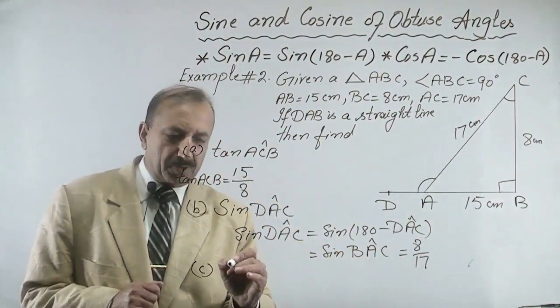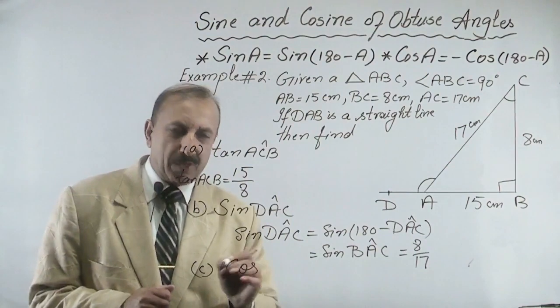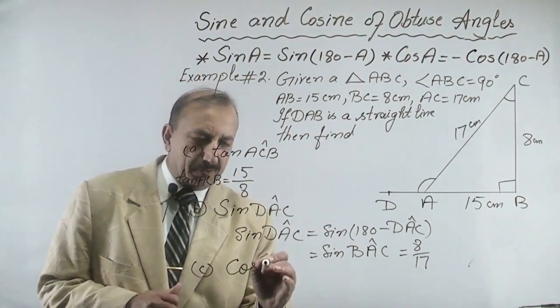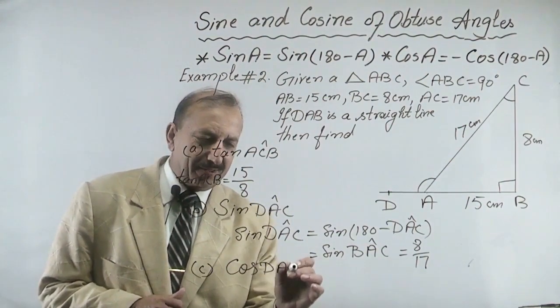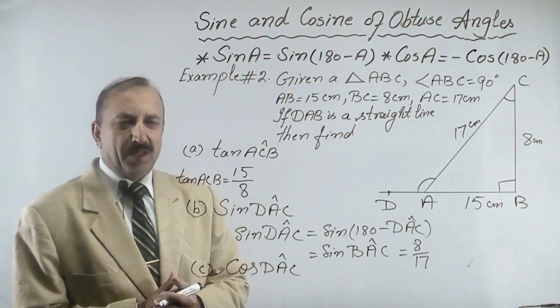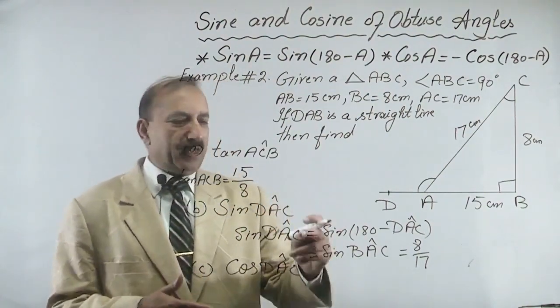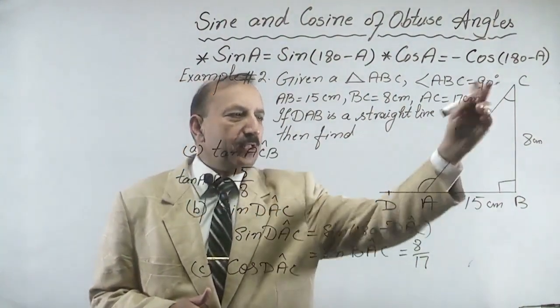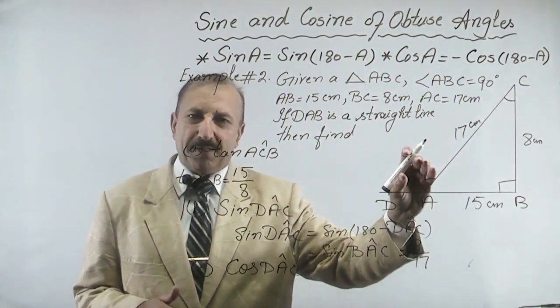We have part number C. We are supposed to find the value of cosine of DAC angle. Again this is the same angle DAC. This is an obtuse angle, my dear student.